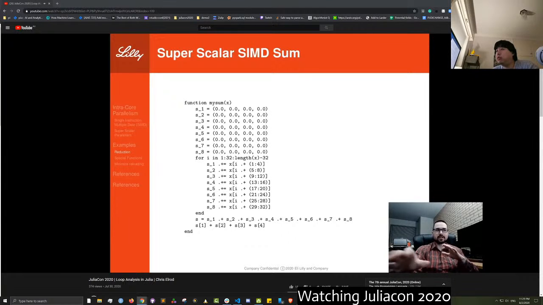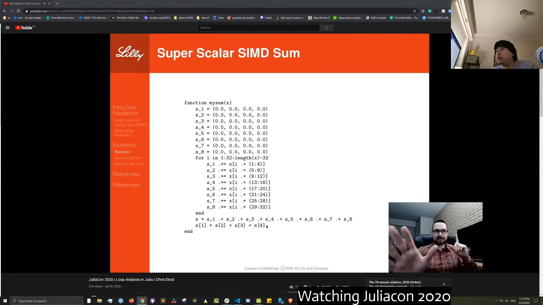Of course, it's not actually written like this, you wouldn't be slicing arrays like this, but it's just representing the actual operations being performed here. And then at the end, we have to sum up all our accumulation vectors into one vector, and finally we can turn this vector into a scalar. This is also something that for the most part LLVM does, and Julia does by default very well.